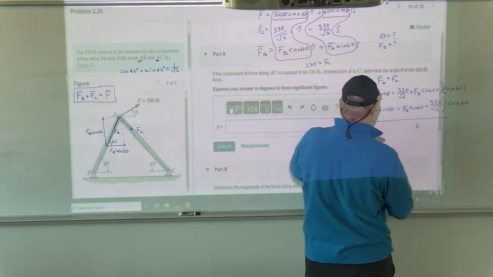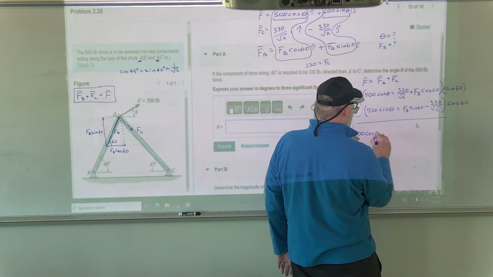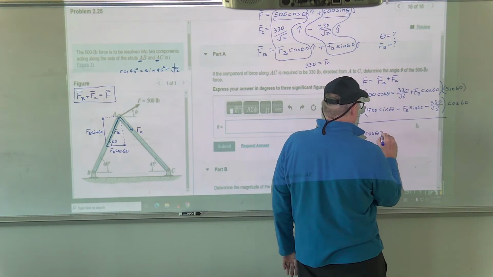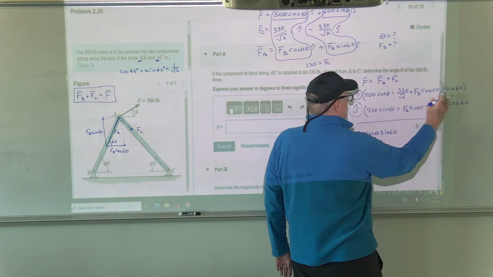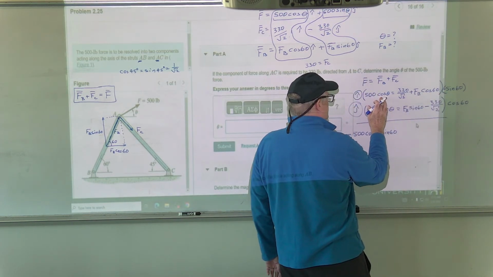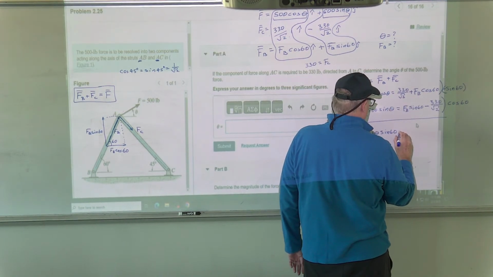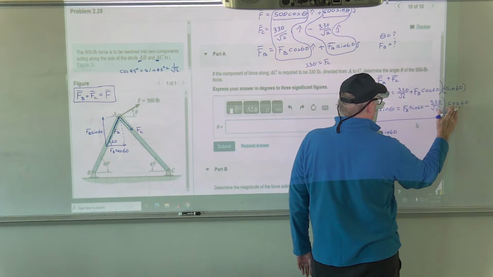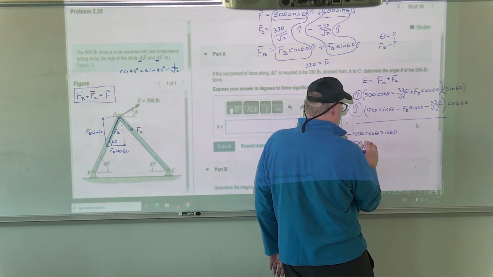And then add them together. So I took this 500 cosine minus and then sine of 60. Okay, so I'm taking this times this and this times this. And I'll go ahead and take this times this and it'll be 500.